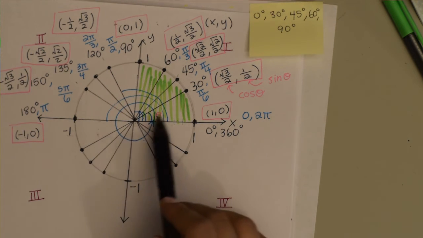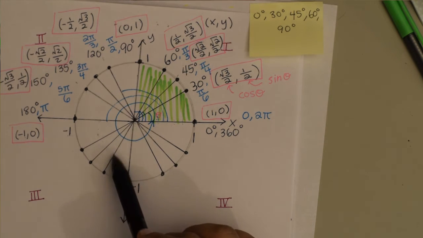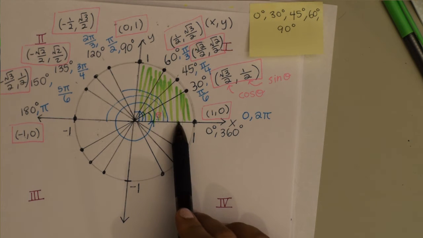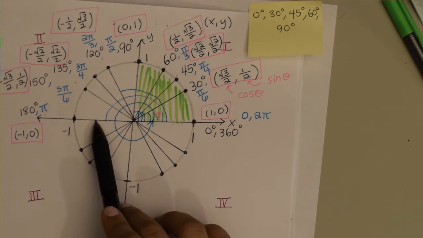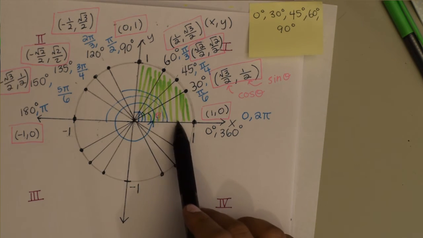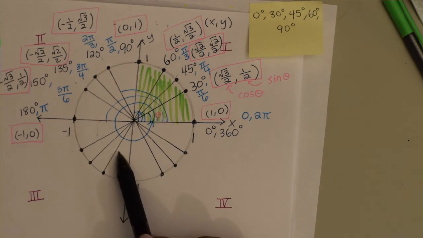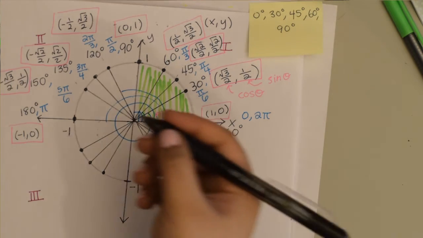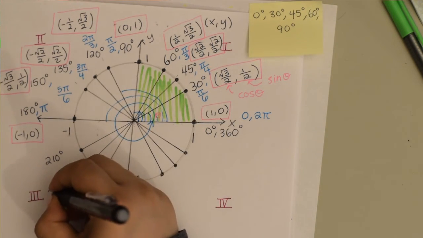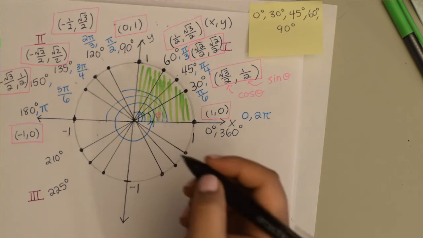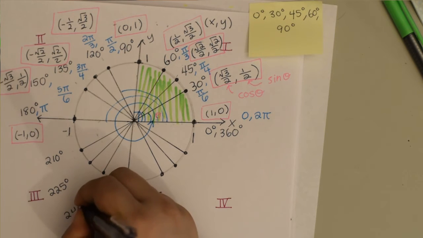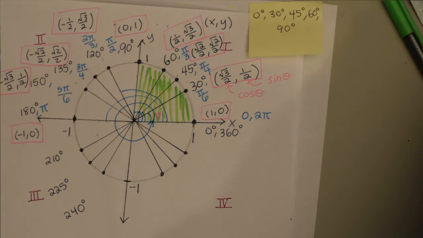So this is going to be 30, 45, and 60 degrees past 180, because remember it's always relative to this. So I'm going 180 plus 30, 180 plus 45, 180 plus 60. So that will be 210 degrees, 225 degrees, and what is it, 240 degrees.